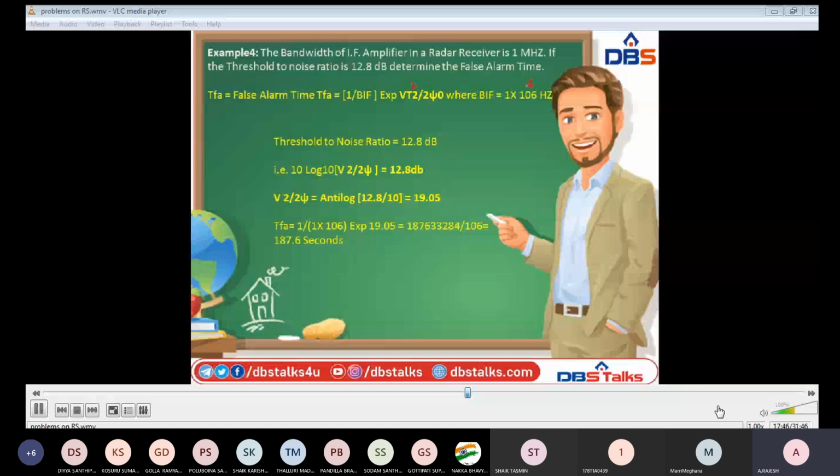So first of all we need to find out threshold to noise ratio. They have given threshold to noise ratio is 12.8 dB.